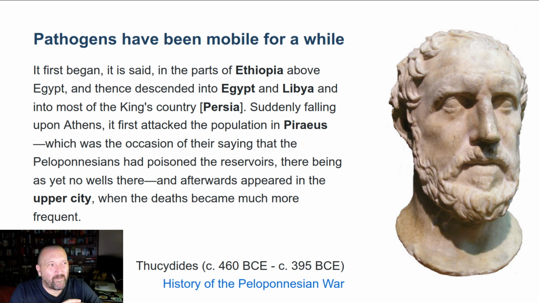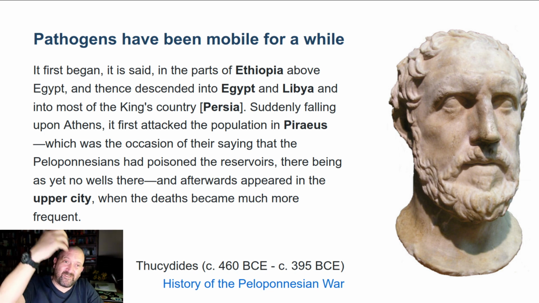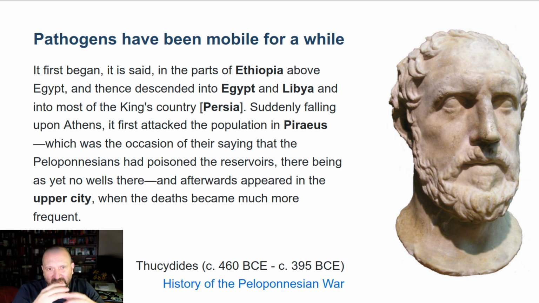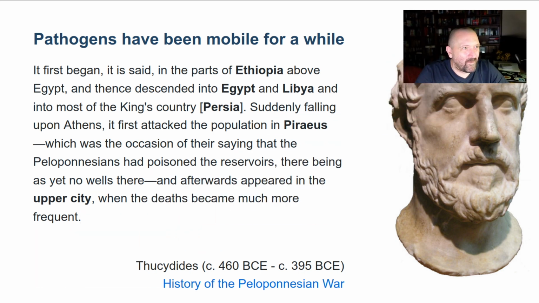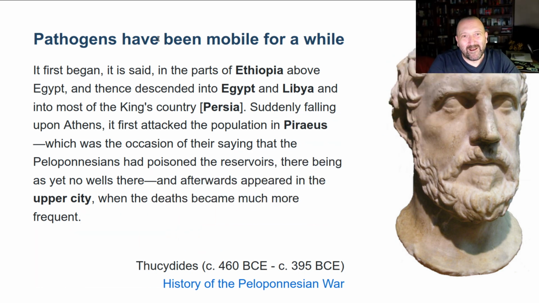Well, it's not very detailed, but it does give you a sense of how the disease meandered its way from Ethiopia into Athens. And so there is this spatial temporal aspect that was present almost 2,500 years ago. So we're not doing anything new, although we have better tools now to study this.